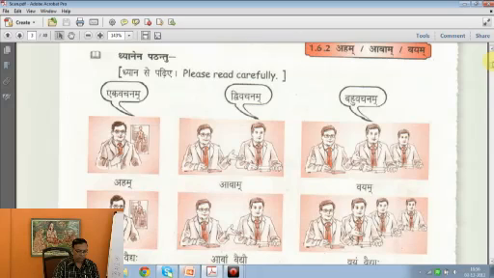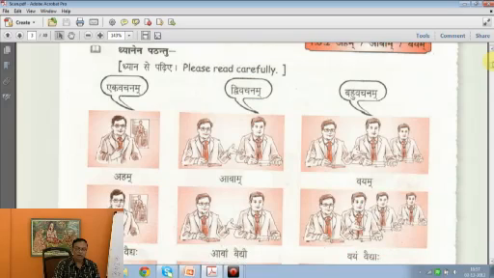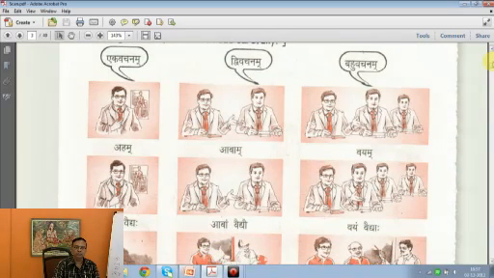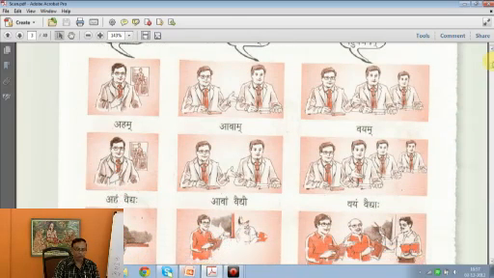So aham we will see: ekavachan, dvivachan, bahuvachan. Aham is myself, I am. Avam, we both. Vayam is we. Aham, avam, vayam. This completes the derivation of the asmad shabda, the pronoun I. Aham referring to I, avam we both, and vayam we all.